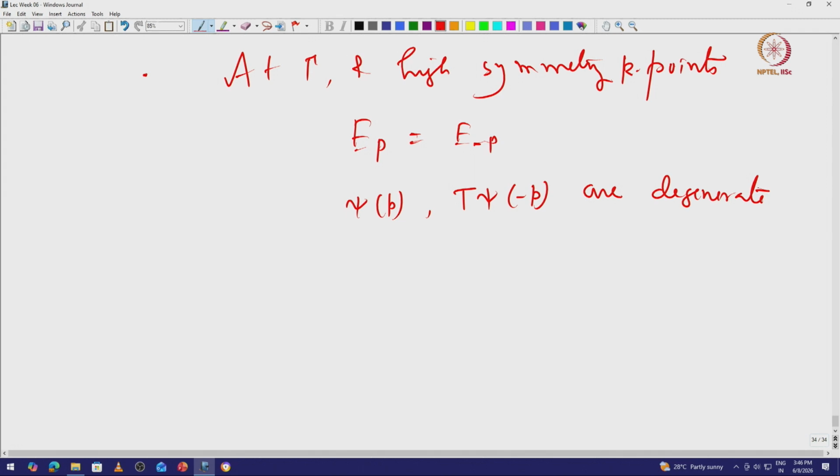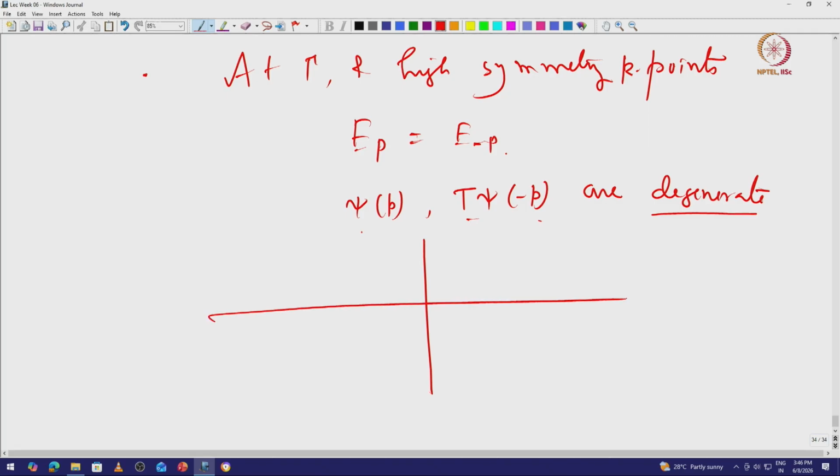And we have already proved that these two states, when T square equal to minus 1, are orthogonal, and now we showed that they are also the same energy. So, they are degenerate. At every other k point they do not have to be.